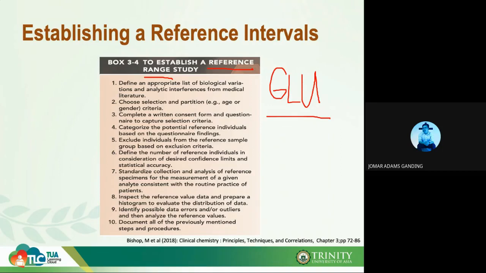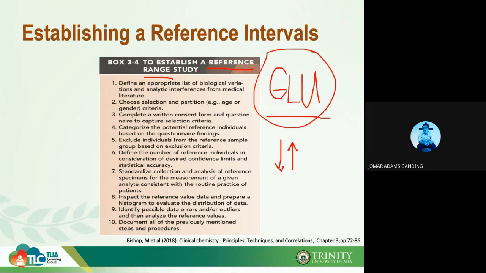These are conditions in the body that might affect the levels of your glucose. It might cause your glucose to go low, or it might cause your glucose to increase abnormally. You don't have a disease, you don't have any abnormality. It's just that there was a biologic variation at that particular time.